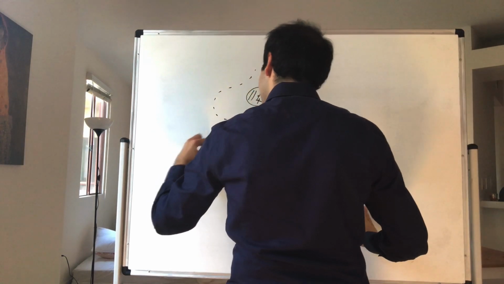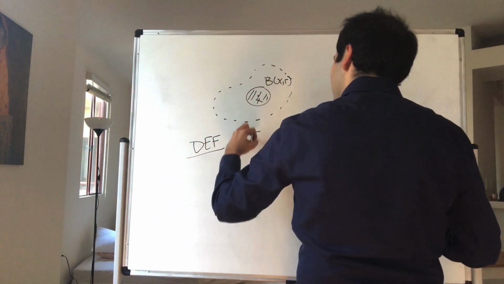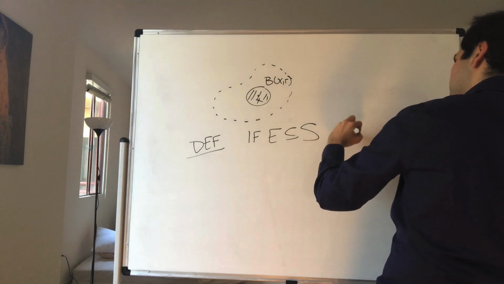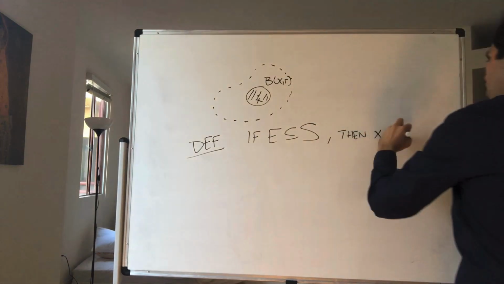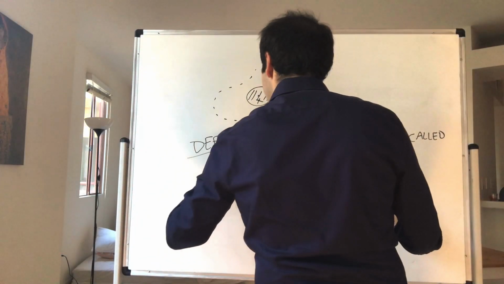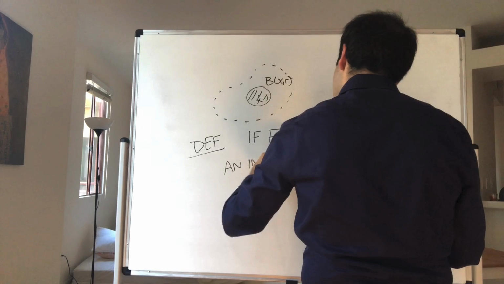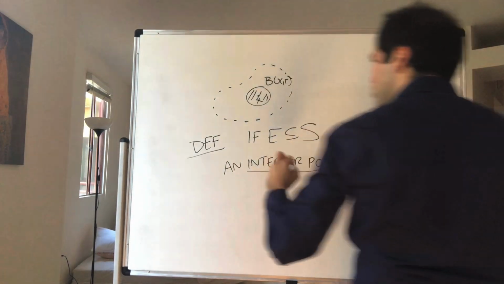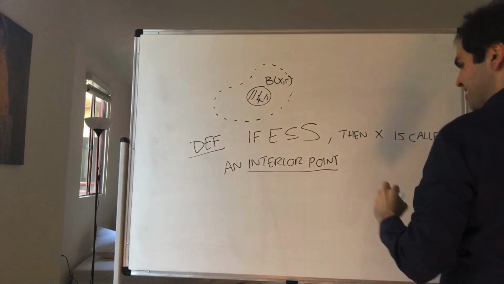So definition: if E is any subset of S, then x is called an interior point if there's some small ball around x that's in that set.